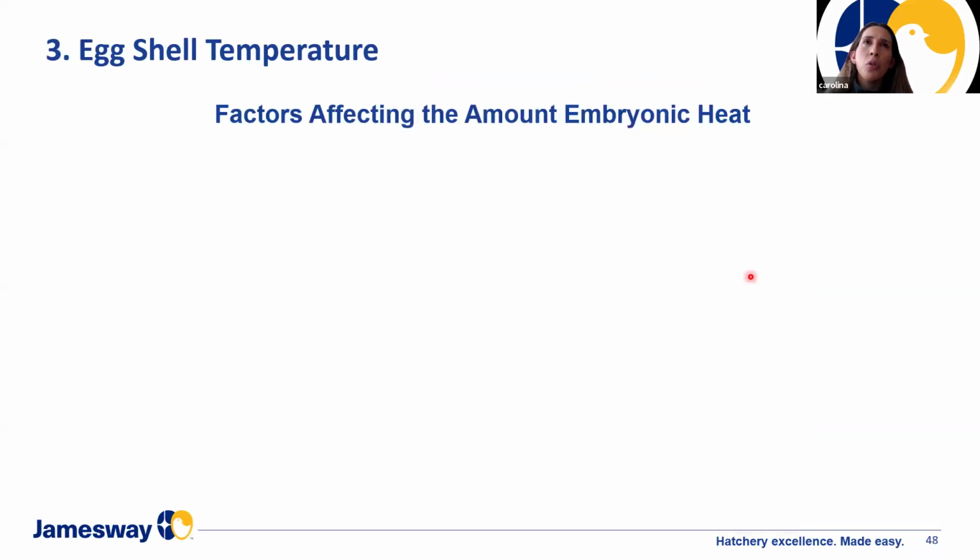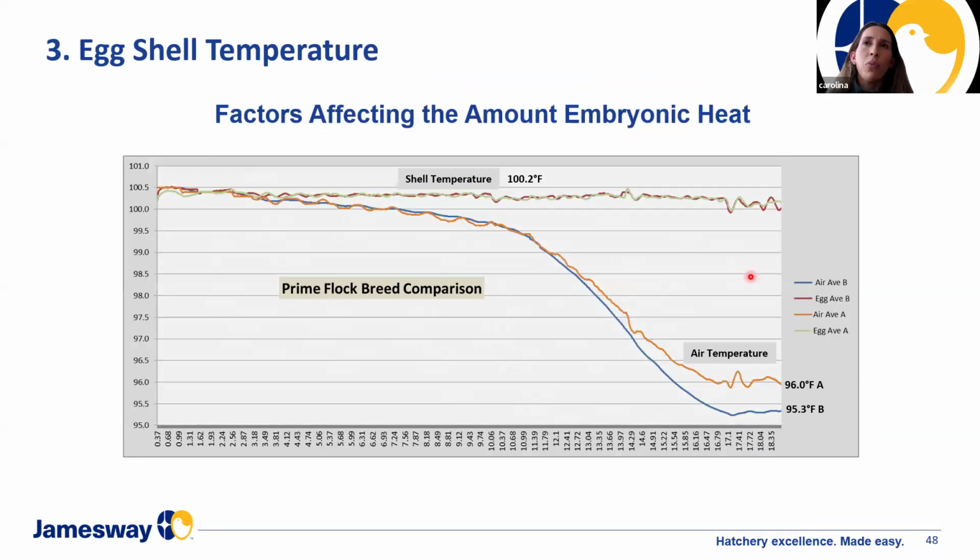So flock age also determines the amount of heat produced by the egg pack. So here we have a comparison between the air conditions that should be maintained for a young flock and an old flock, the incubator profile, as you can see here.